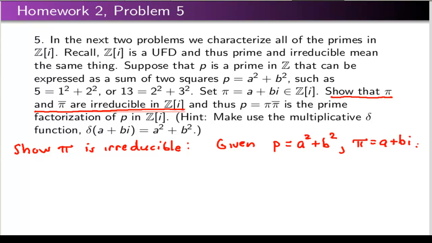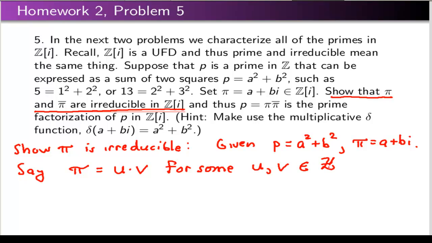Well, let's try to factor pi. So let's say pi equals u times v for some elements u and v in this integral domain, Gaussian integers. Apply delta to both sides.